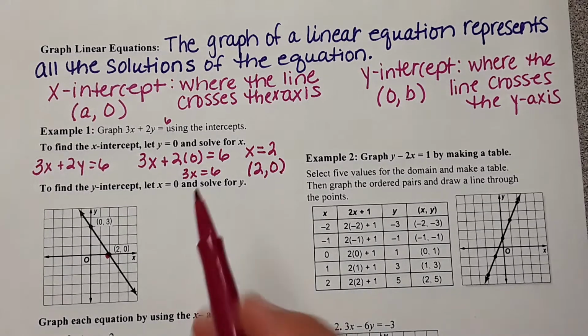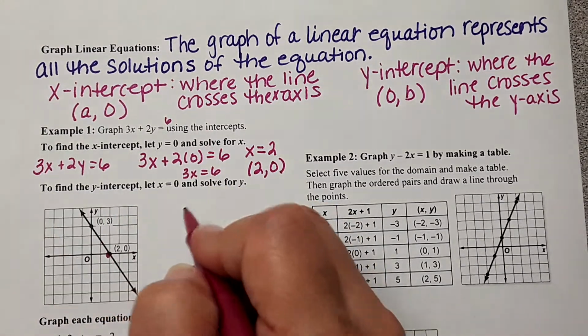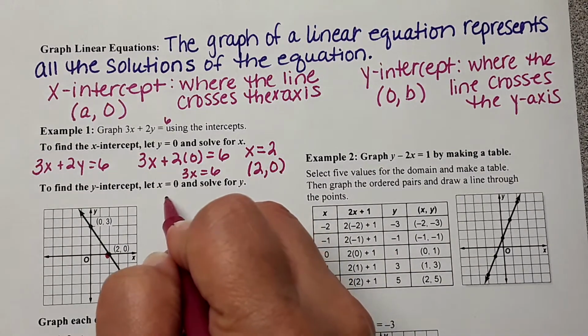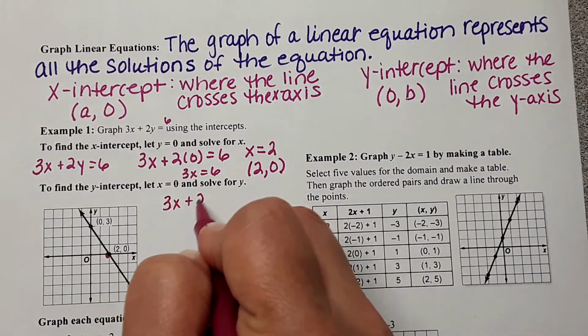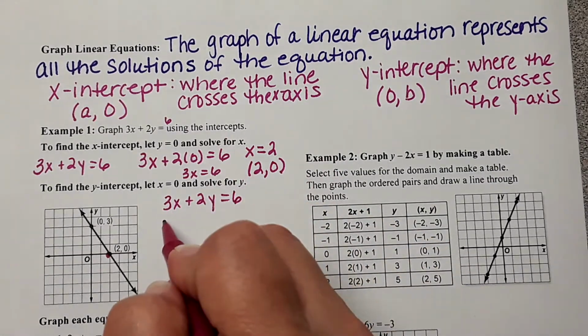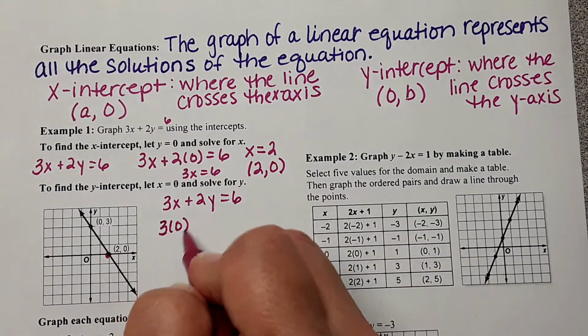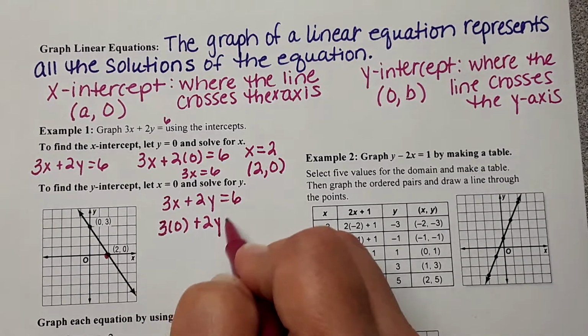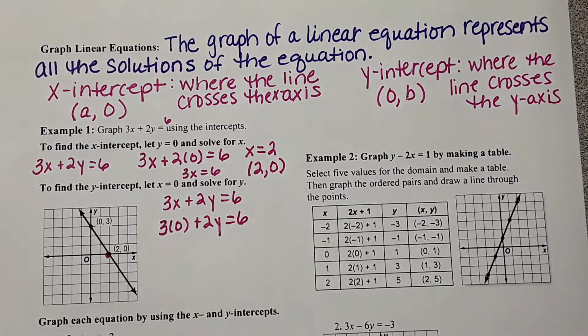Okay, now let's find the y-intercept. For the y-intercept, we're going to use the same equation, but this time we're going to plug in 0 for x. So to find the x-intercept, we plug in 0 for y.